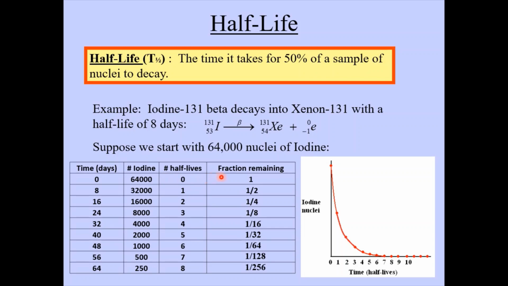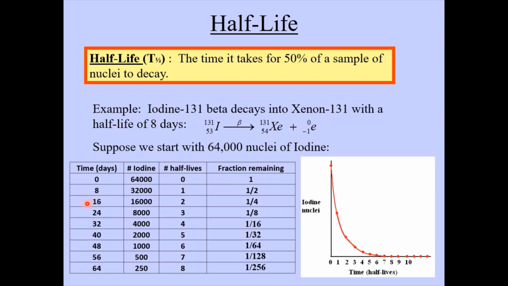We're at 0, and so we have the full fraction remaining. In other words, all of those 64,000 are still iodine. Now, 8 days later, remember that's the half-life, 8 days. So after 8 days, we're down to 32,000. So after one half-life, we're at 1/2 of the remaining number of iodine nuclei.